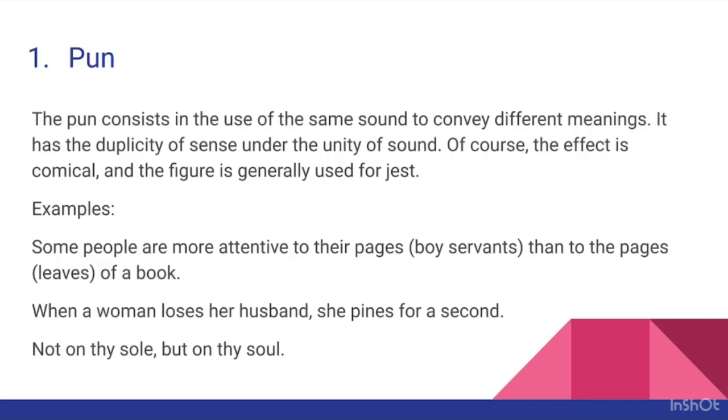So when a woman loses her husband, she pines either for a short time or for a second husband. So there is a pun on the word second. In this case, we are using one word with two different meanings.